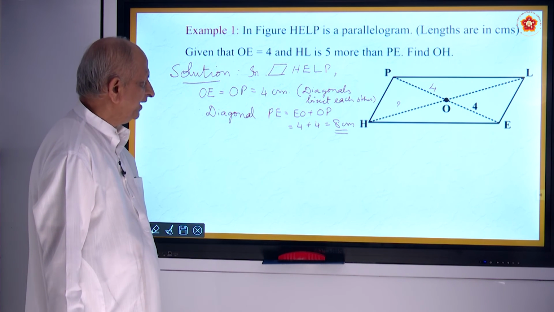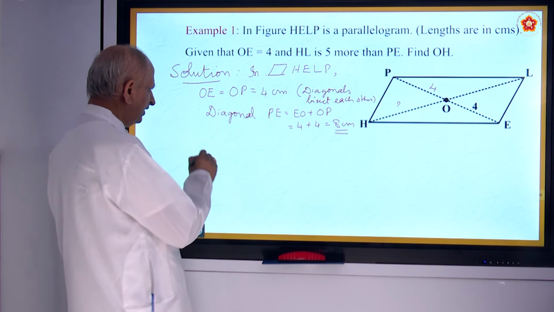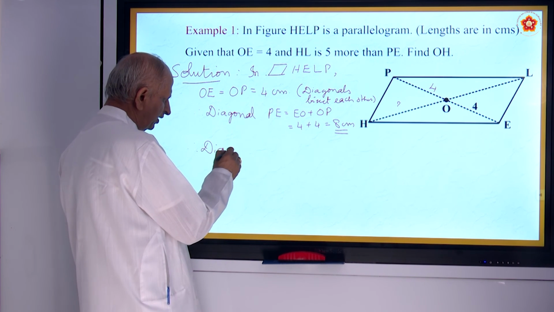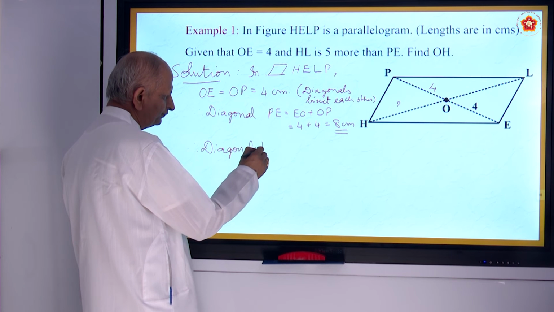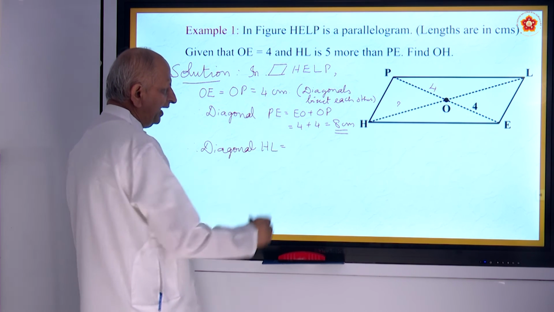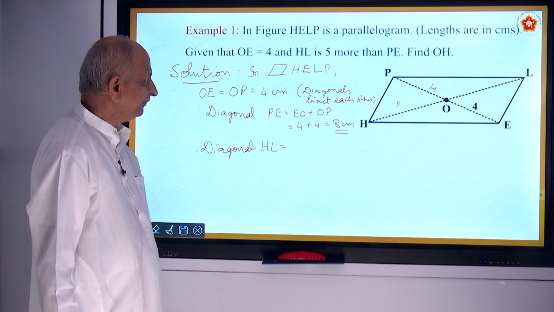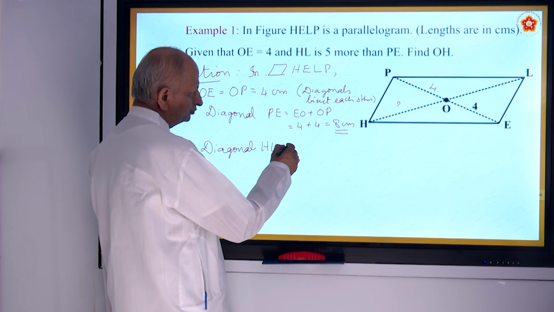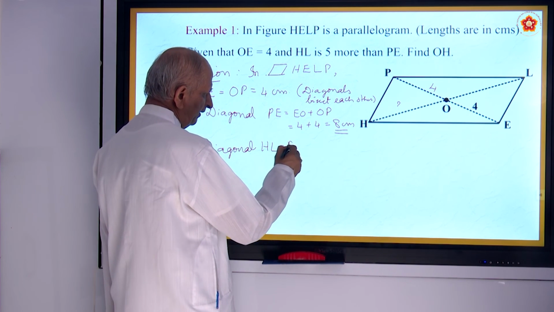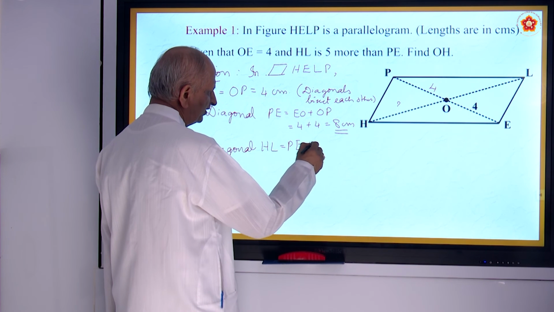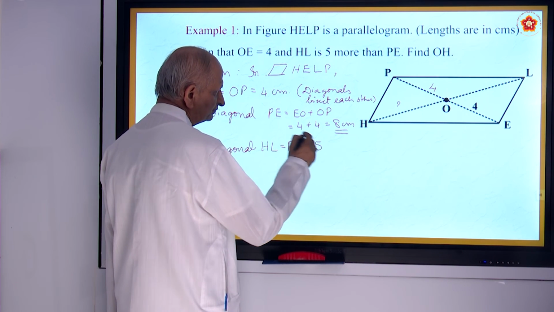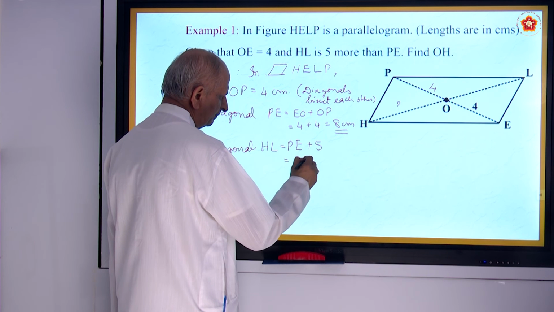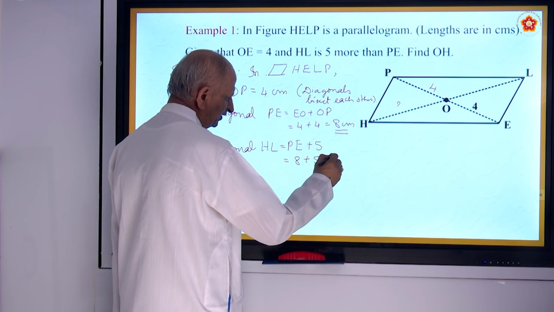Now a relation is given for the second diagonal HL. That diagonal is 5 centimeters more than PE. So HL is equal to PE plus 5 centimeters. What is PE? PE is 8, so 8 plus 5 is 13 centimeters.